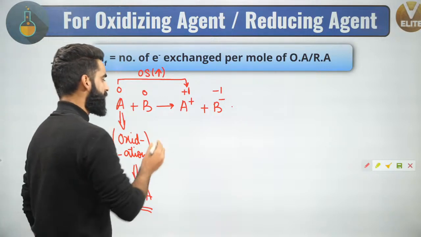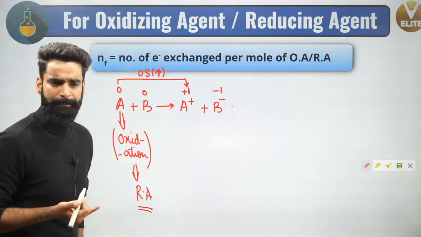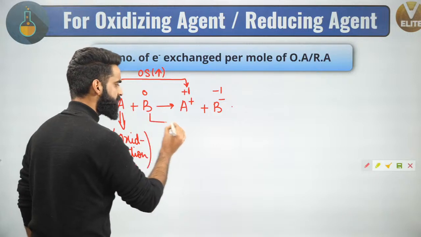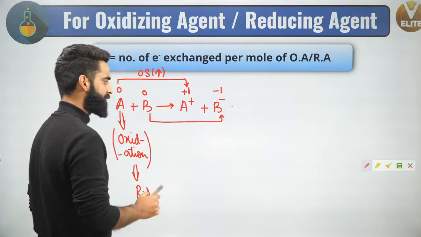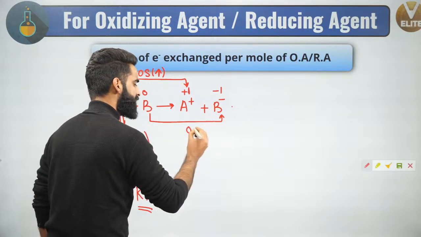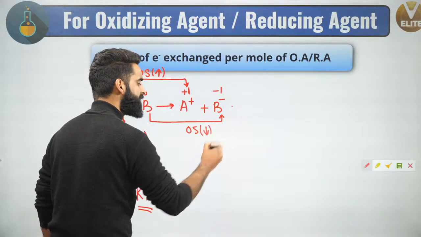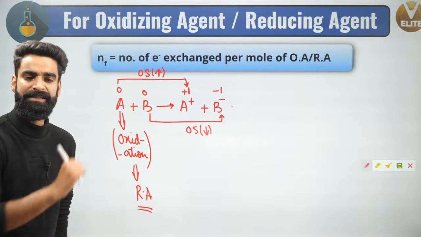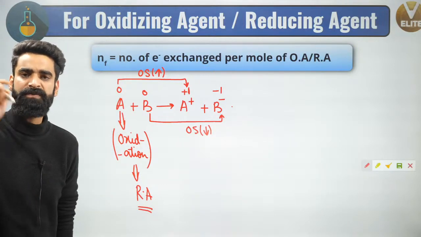Now people, at the same time, what about the oxidation state of B? During this reaction, is the oxidation state of B getting increased or decreased? The oxidation state of B is decreasing from 0 to -1. There is a decrease in the oxidation state of B, and decrease in the oxidation state of the element is what we call reduction.